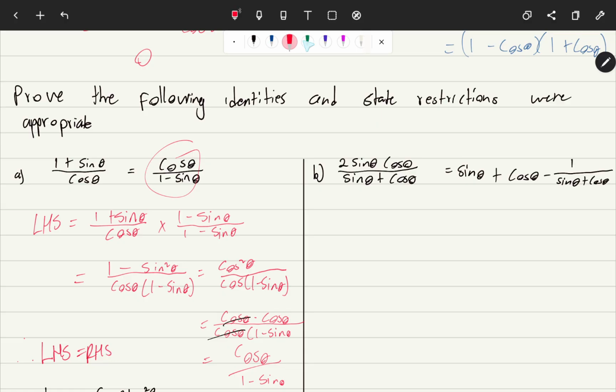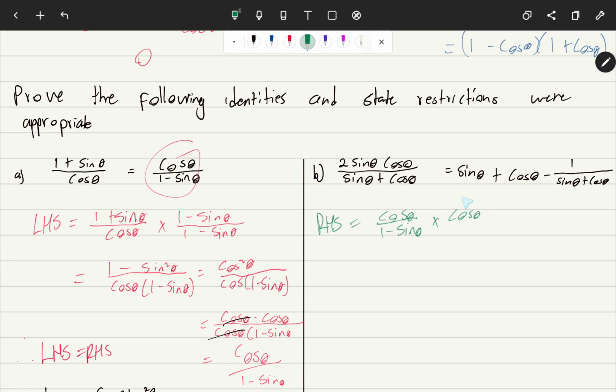Now I'll show you the other side. I decided to work with the right hand side, so the right hand side is equal to cos θ over 1 minus sin θ. Here I multiply by 1 plus sin θ over 1 plus sin θ, because I see a difference of two squares.